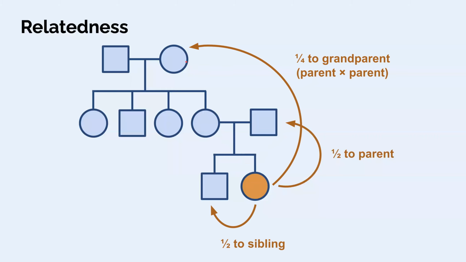You can also calculate relatedness to your parents' siblings, your uncles and aunts. In this example, you are 1/2 related to your mom, and she is 1/2 related to her brother, who is your uncle. That makes you 1/4 related to them. So these are multiplying: 1/2 times 1/2 gets you 1/4 in these two arrangements.